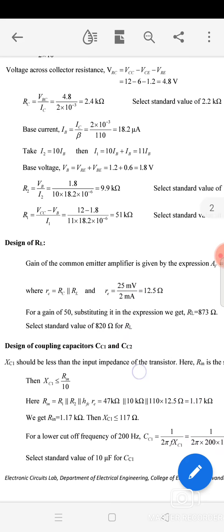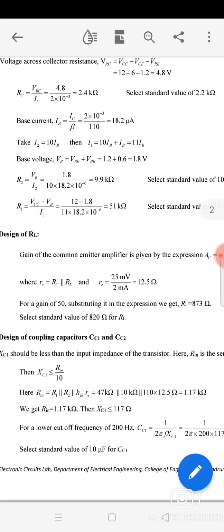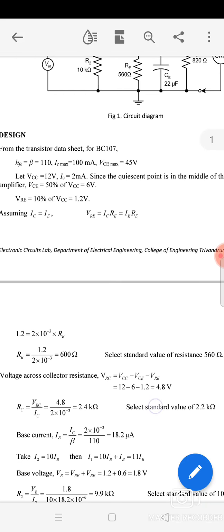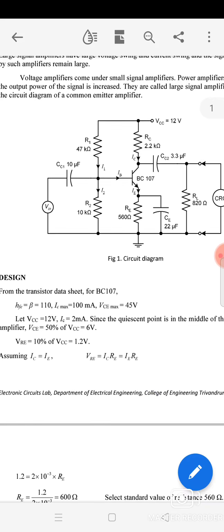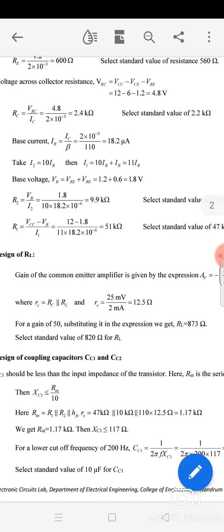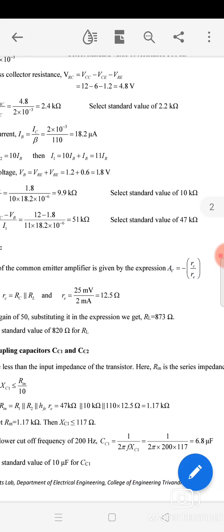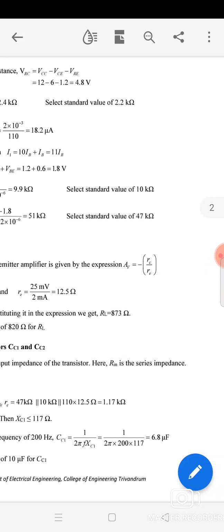Next, how to find the R1 value? R1 is equal to VCC minus VB divided by I1, because the I1 current flows through R1 from the power supply VCC to the base node VB. So the current through R1 is VCC minus VB over R1, which gives R1 equal to VCC minus VB by I1. Substituting the values, we get 51 kilo ohms, but the standard value for R1 is 47 kilo ohms.